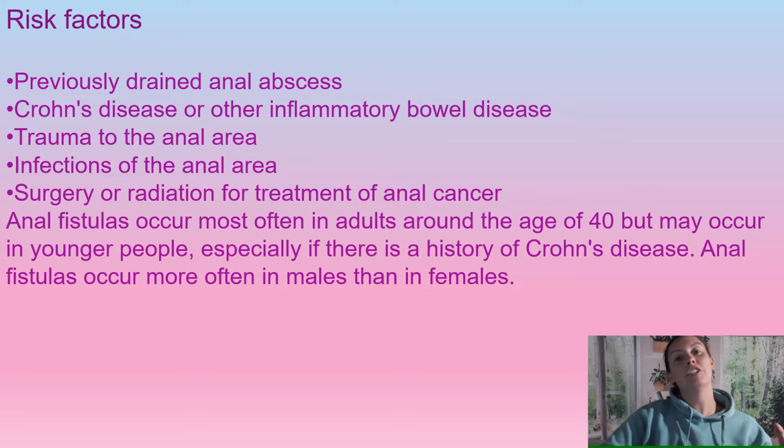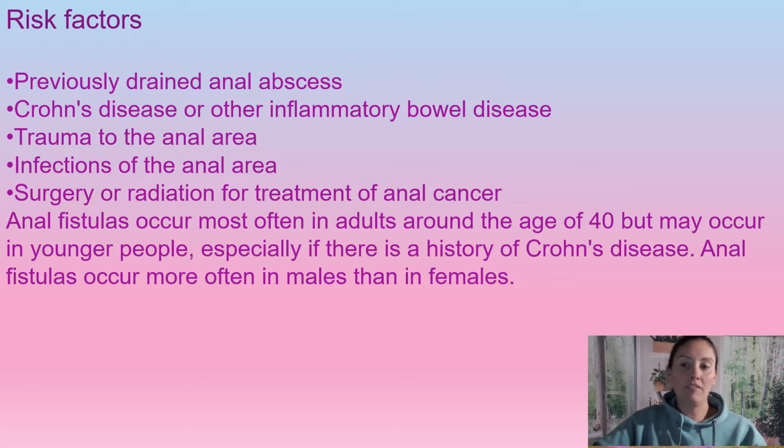So risk factors. If you've previously had an abscess that was drained, you're at higher risk of having another one. With Crohn's disease or other inflammatory bowel diseases, you're at higher risk. Trauma to the anal area, or infections of the anal area, such as surgery, radiation, or anal cancer, will increase your risk of an abscess in that area.